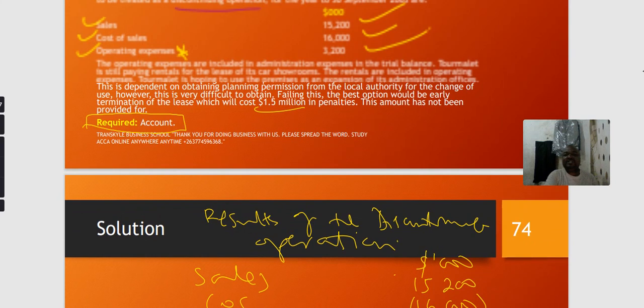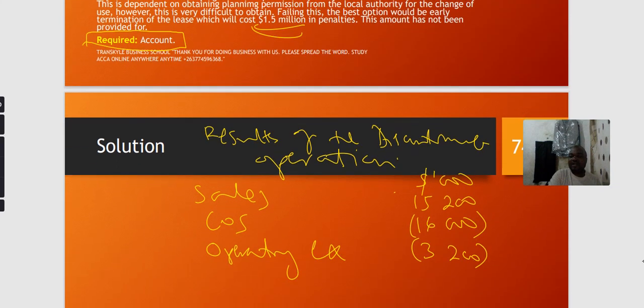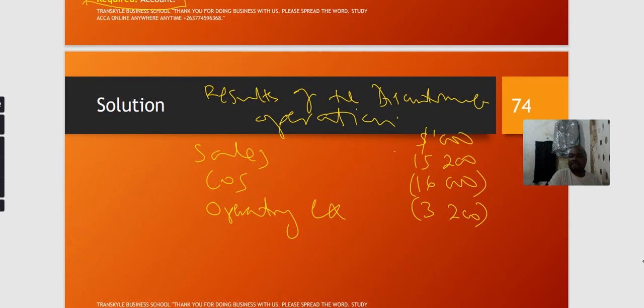Then we are told that the best option would be early termination of the lease, which will cost 1.5 million in penalties. So lease termination costs are considered what? Finance costs. 1.5.